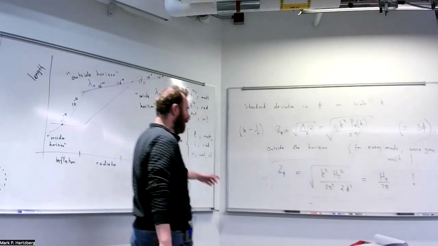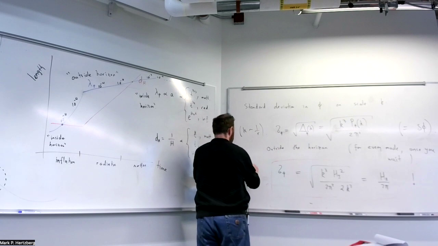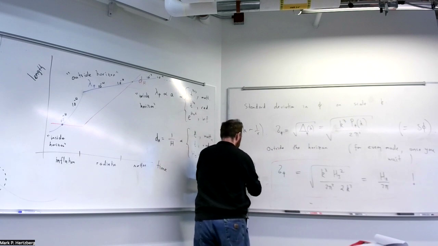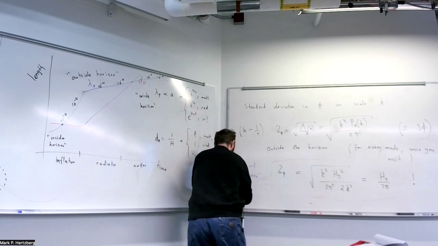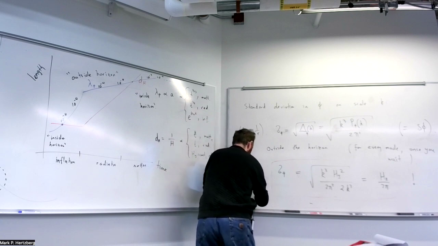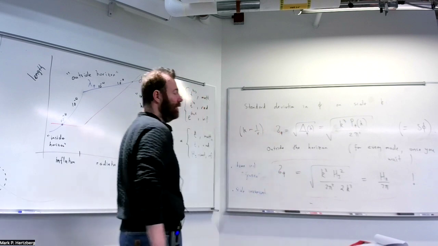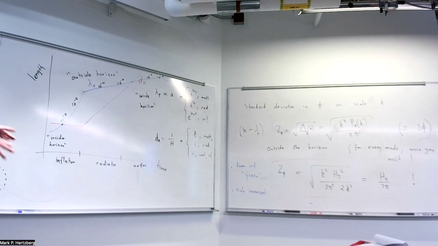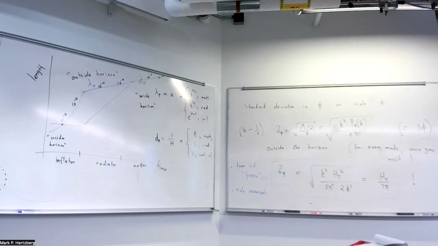Not only is it time independent, or we say frozen, it's also scale invariant, because the k disappeared. Every k mode is stuck at the value of h over 2 pi, h during inflation.